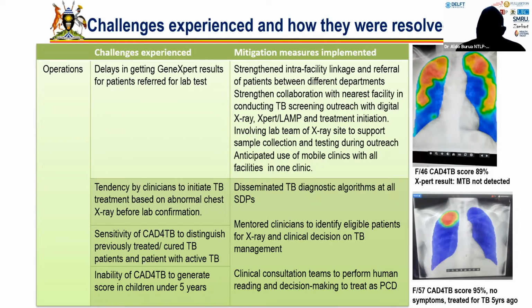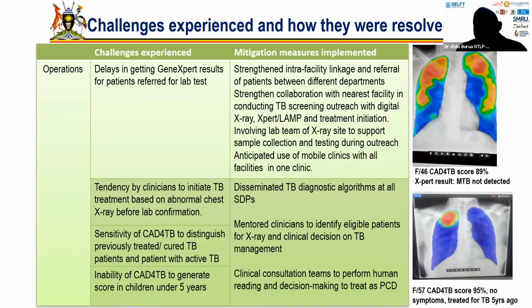And then the image below shows a patient who was previously treated for TB 5 years ago, and now comes back with some signs and symptoms of TB. And this X-ray image had a high score of, I cannot see very well what's below there, but it's about 90%.